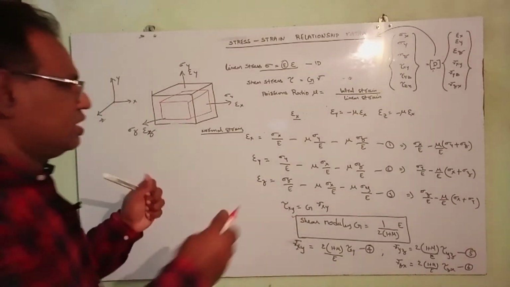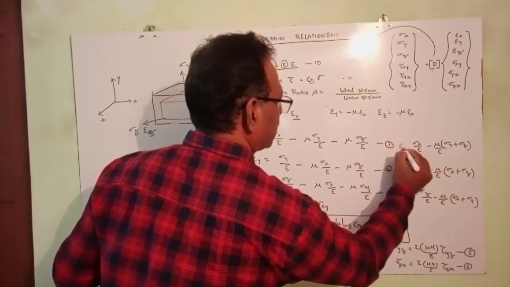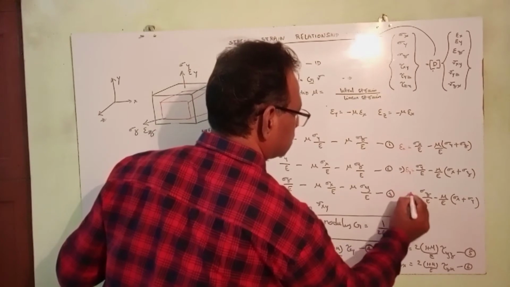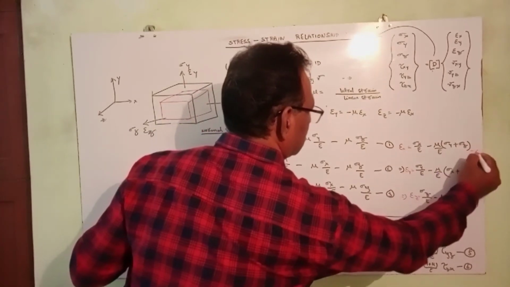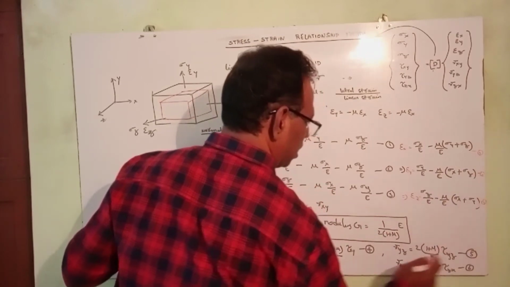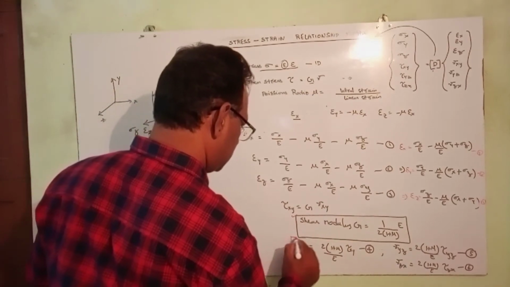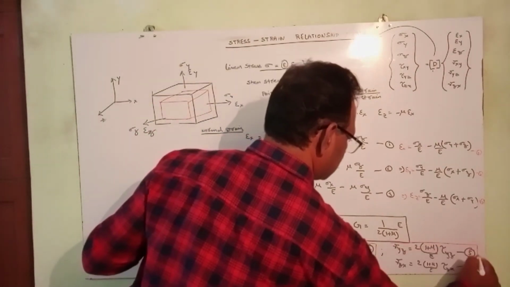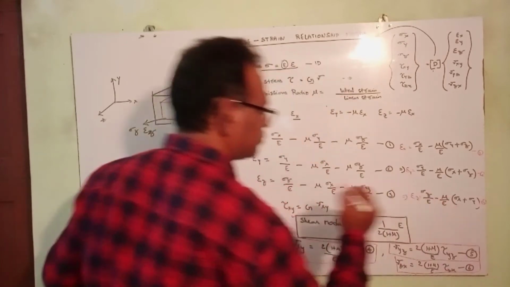So this is equation 1, which is epsilon x equal to, this is epsilon y equal to, this is epsilon z equal to. These are equations 1, 2, 3, and this is 4 and 5, and this is the 6.